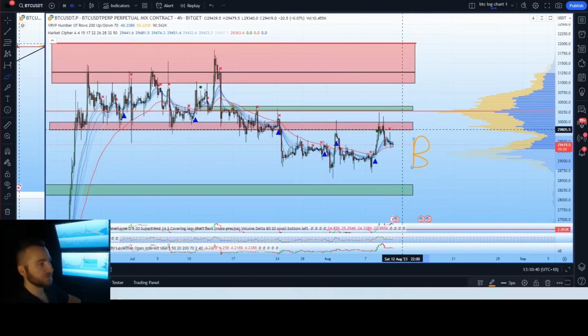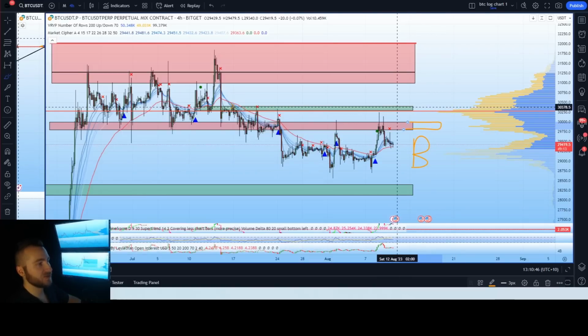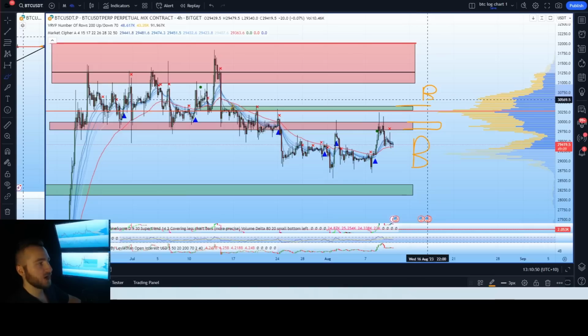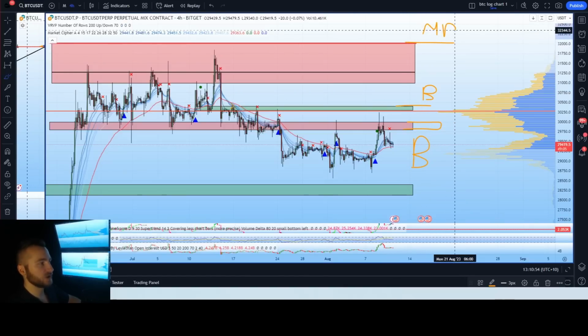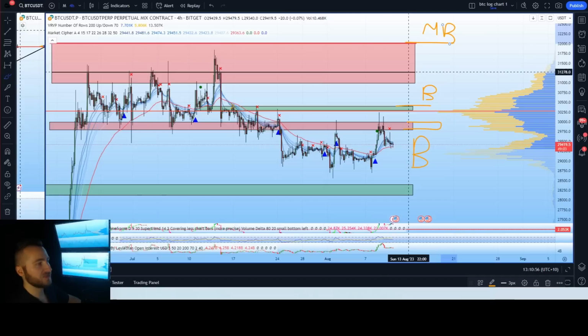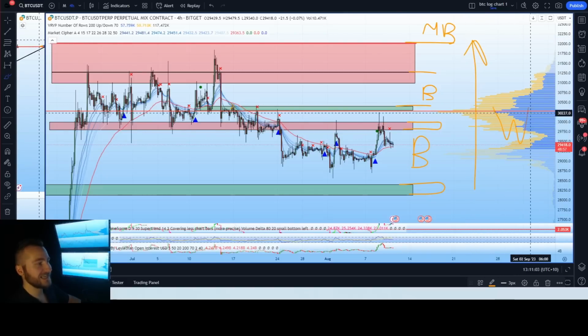Anything under 29.8 to 30,000 is daily bearish. Anything above 30,400 is daily bullish. Perfect. Anything above 32k is monthly bullish. Anything really above 28.4, sorry, is going to be weekly bullish.